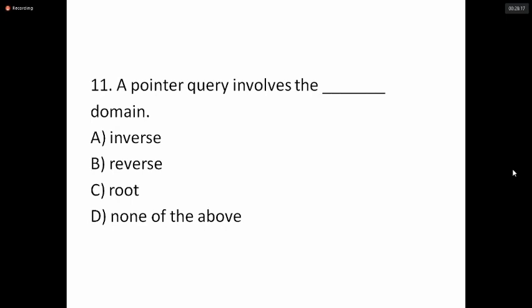It is a pointer record resolver, so it should be like inverse, address to name. Remember, a pointer query is nothing but a PTR query. A PTR is nothing but a pointer record resolver. Why are we using this? To map an IP address to a domain name. When I have an IP address, to get the domain name, I go with an inverse mapping.